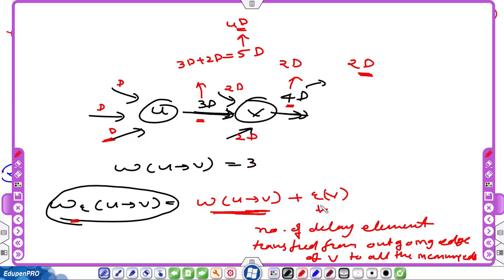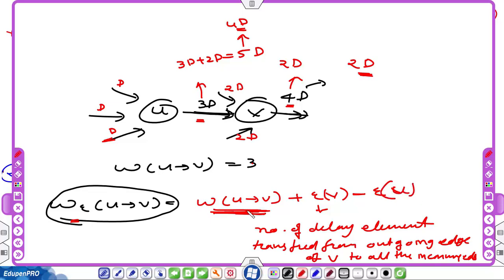So this result you obtain when you performed retiming at this point by following the algorithm that we are trying to develop here. Now if you apply the same algo at this point, some delay elements will be transferred from the outgoing edge to the incoming edge of node u. That amount will be subtracted from this, so this is minus r.